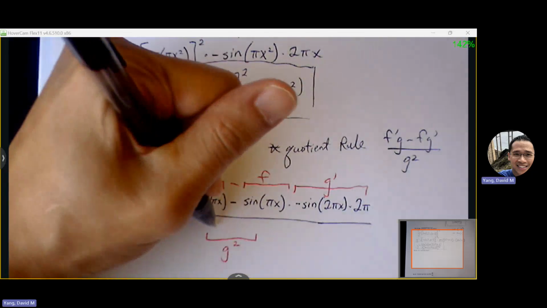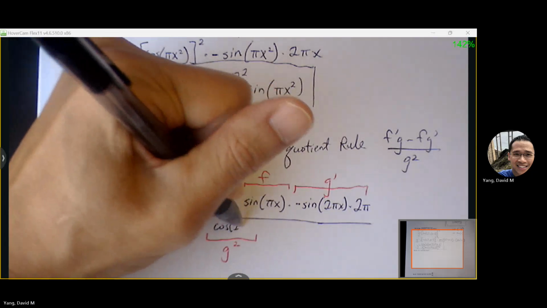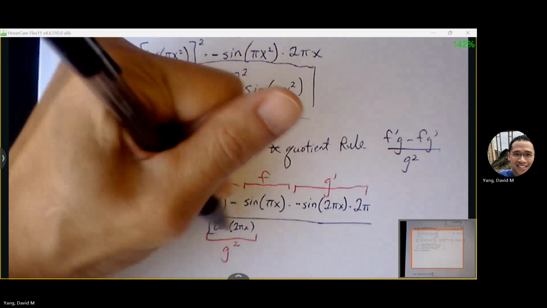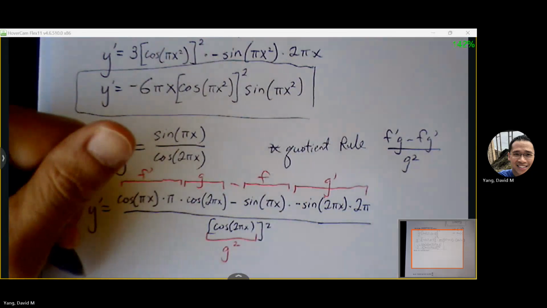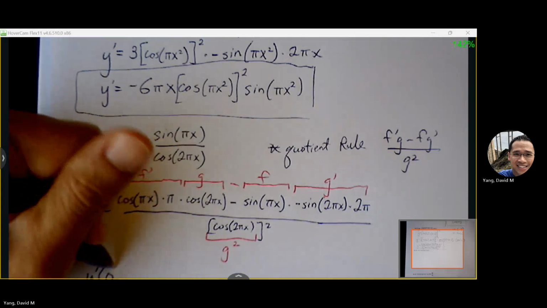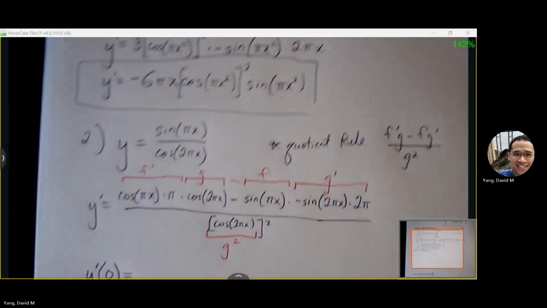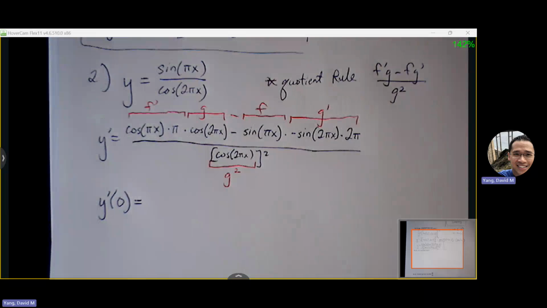All over denominator squared. Okay, let's not worry about cleaning up. Let's go ahead and just replace all the x values with 0, and that should wipe out a lot of the terms. We'll see.